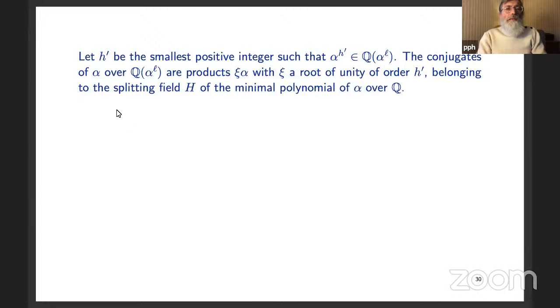We want to find L first. We let H prime be the smallest positive integer such that alpha^(H prime) belongs to Q(alpha^L). So the conjugates of alpha over Q(alpha^L) are products of the shape psi alpha, with psi a root of unity of order H prime, which belongs to the splitting field of capital H of alpha over Q.